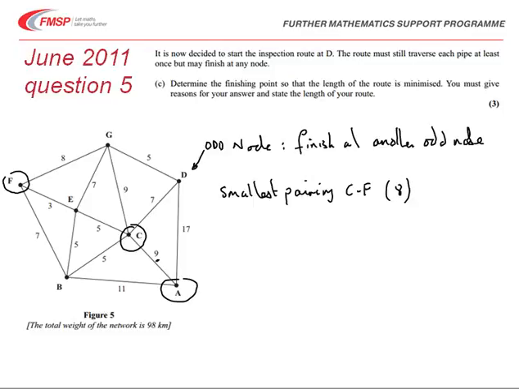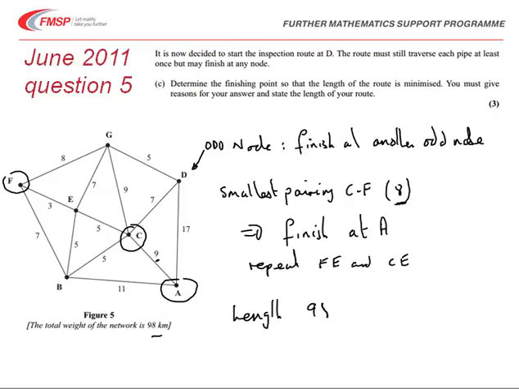And so therefore we can finish at the other node that we're not using, which is A. And we're going to repeat FE and CE. The length of the route, well, we've got the 8 for our repeats plus the 98, so the length of the route is now 98 plus the 8, which is 106 kilometers.